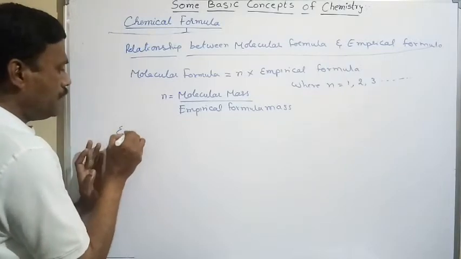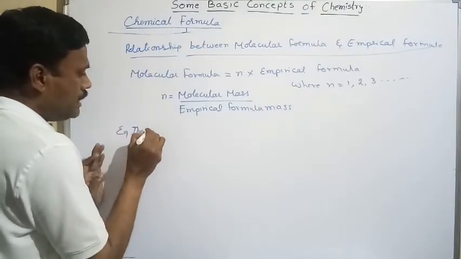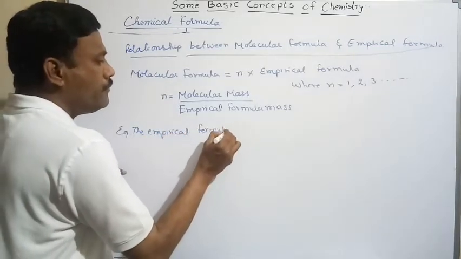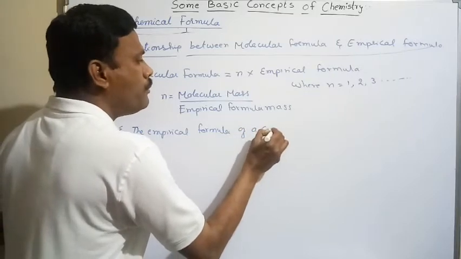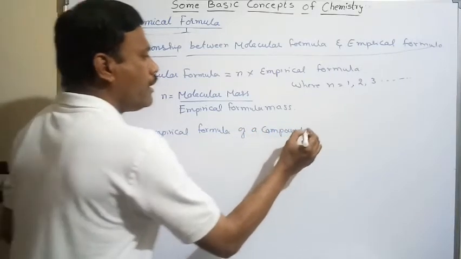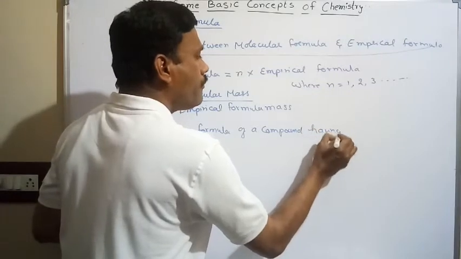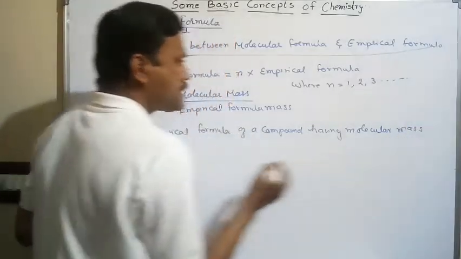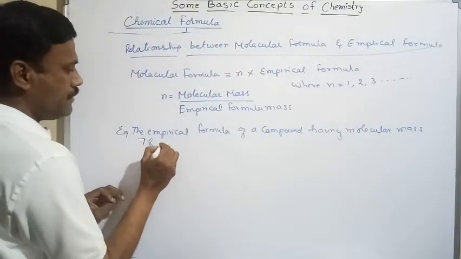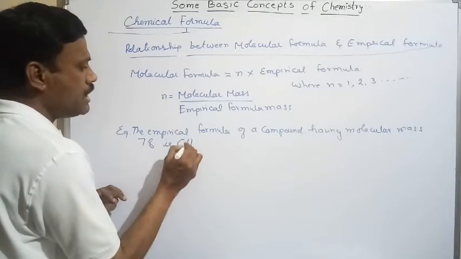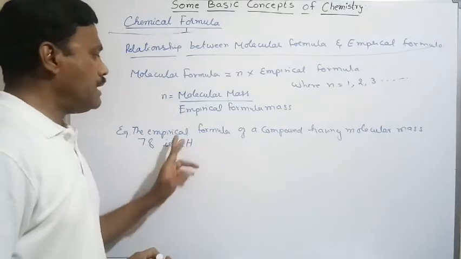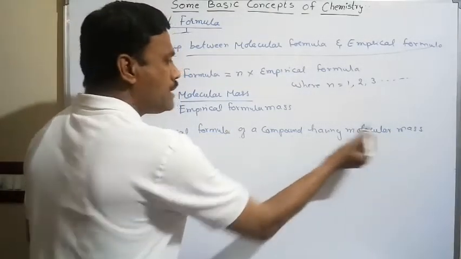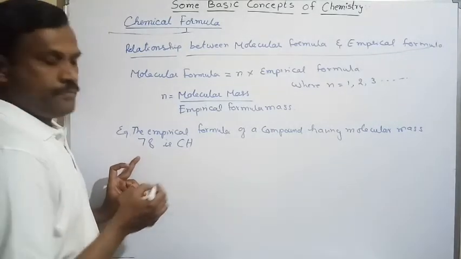For example, the empirical formula of a compound having molecular mass 78 is CH. CH is the empirical formula, and this compound has a molecular mass of 78.